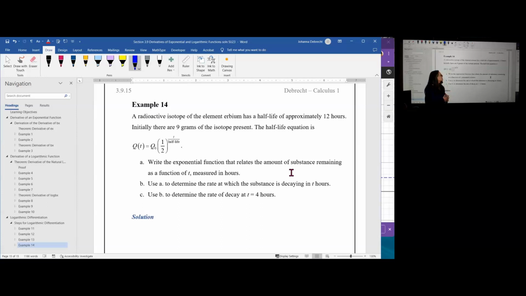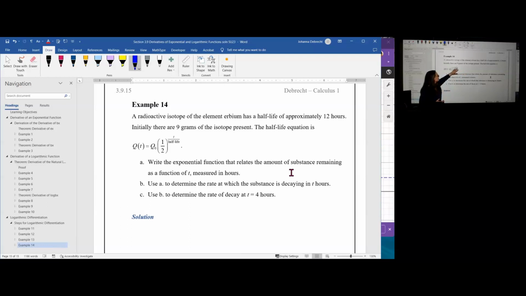Plenty to kill you. The half-life equation is given by Q of t equals Q naught, meaning the original quantity present, the 9 grams, times 1/2 raised to the power t divided by the half-life in hours. The half-life is 12 hours.